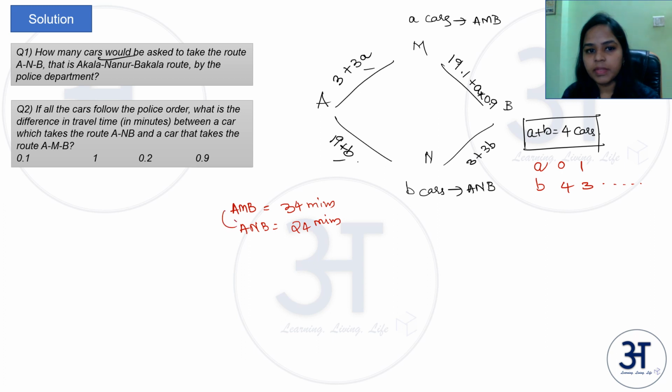Someone looks at these and thinks, okay, these people are traveling at a lesser time, so let me go into this particular route. If he goes, it will no longer be 24 minutes. Here 1 minute will get added extra because B will be B plus 1. Here 3 minutes will get added extra. So it will be plus 4, 28 minutes. So still it is lesser than this time.